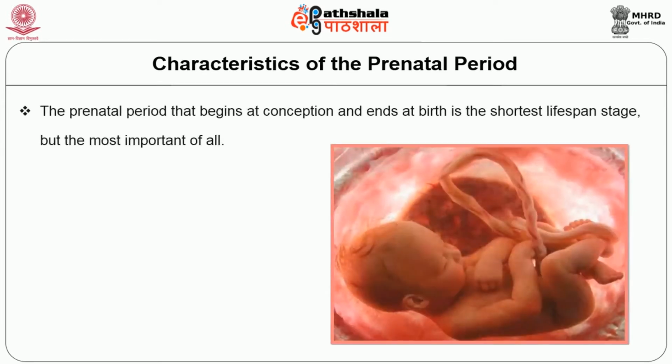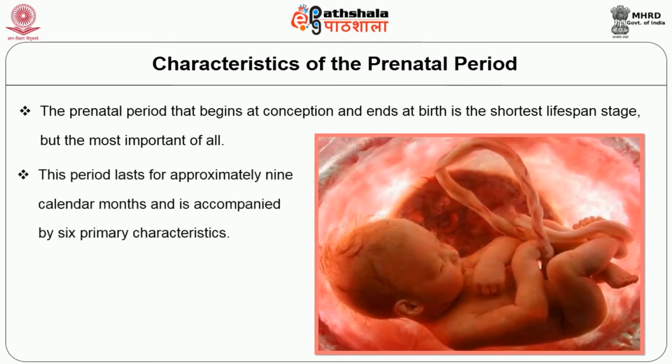The prenatal period that begins at conception and ends at birth is the shortest lifespan stage, but the most important of all. This period lasts for approximately 9 calendar months and is accompanied by 6 primary characteristics.